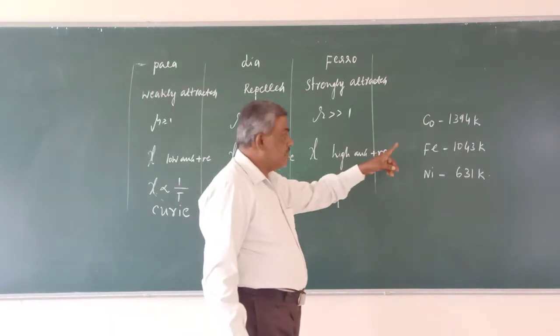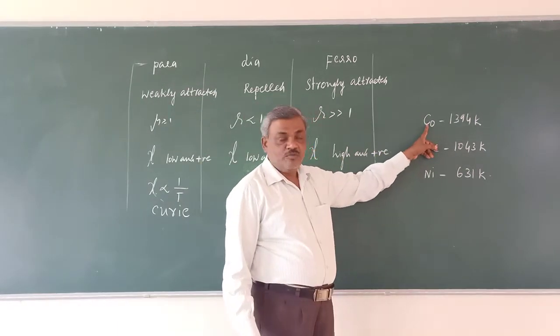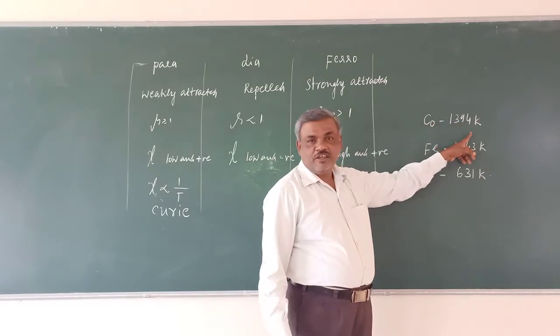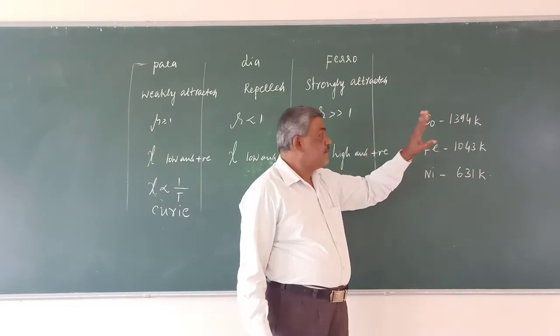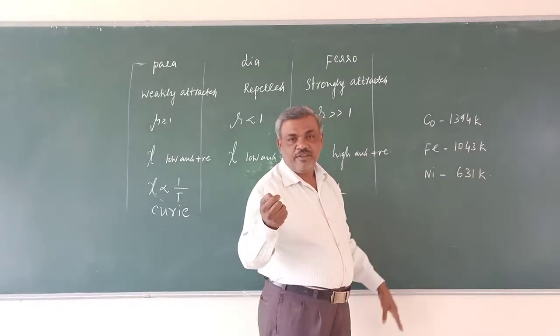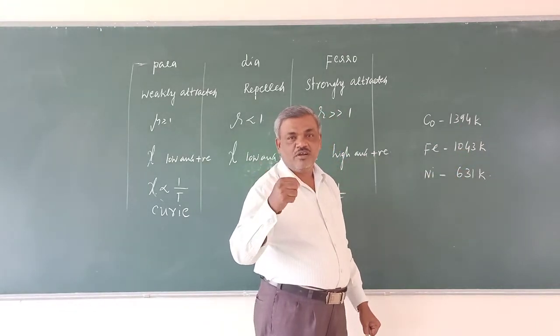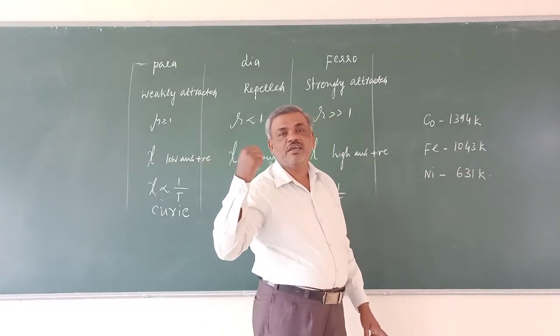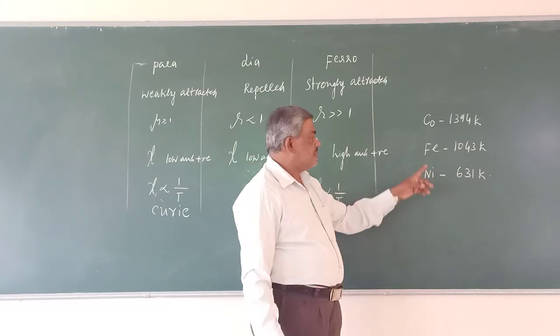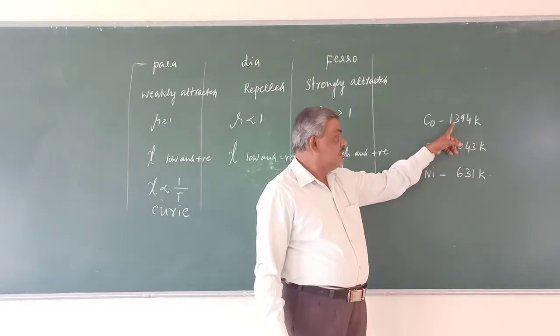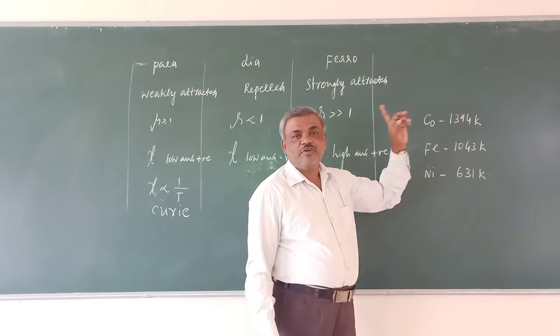Now an example: cobalt, 1394 Kelvin. After this temperature, what happens? The ferromagnetic material cobalt converts into a paramagnetic material. What is the Curie temperature for cobalt? 1394 Kelvin.